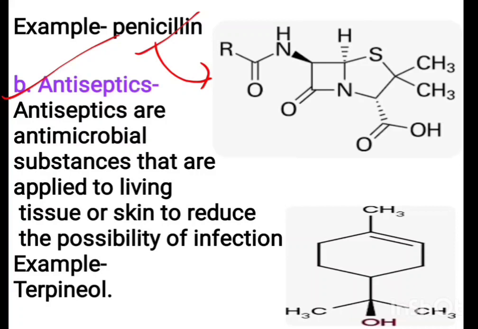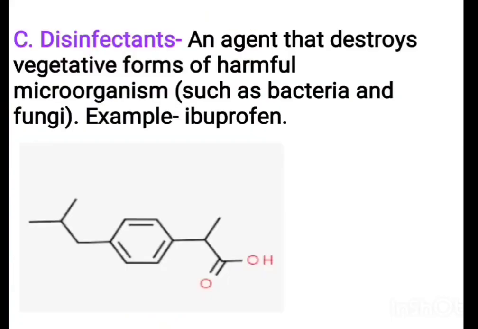So example, terpenol, and the terpenol structure is this, okay. This type of structure is terpenol. Now we have to consider disinfectant, an agent that destroys the vegetative form of harmful microorganisms. Any vegetative forms of harmful microorganisms such as bacteria, fungi should be destroyed by disinfectant. That is example, ibuprofen.